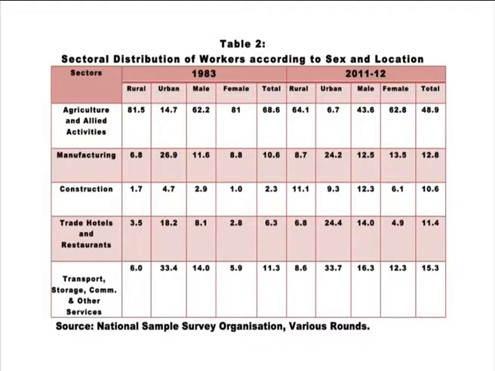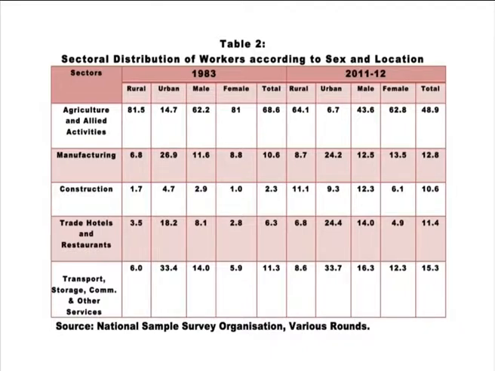Although both males and females have shown an increase in their share in employment in this sector, the increase in females' share is much higher than that of males. It is due to the fact that women are mainly involved in home based family owned rural enterprises.